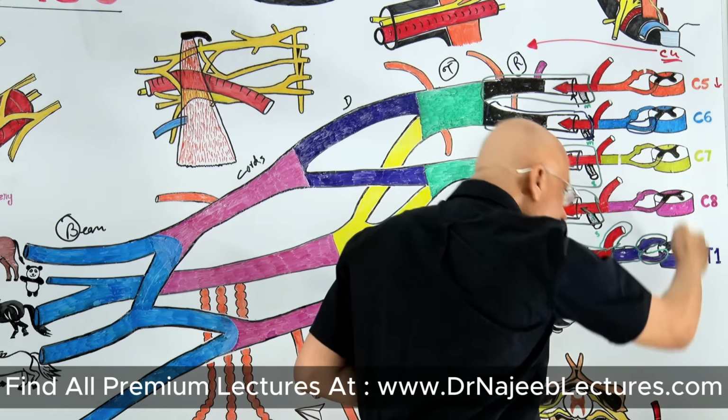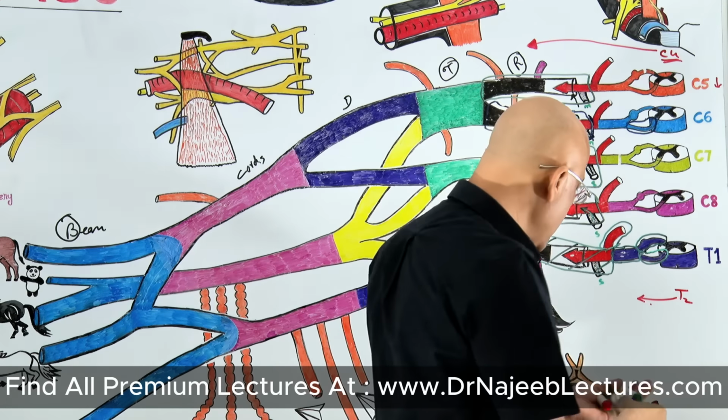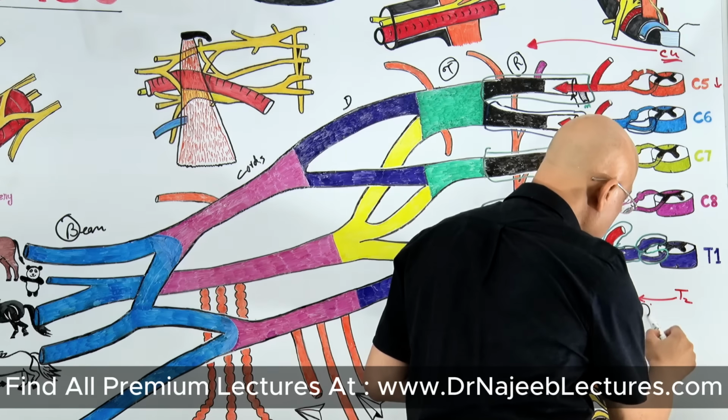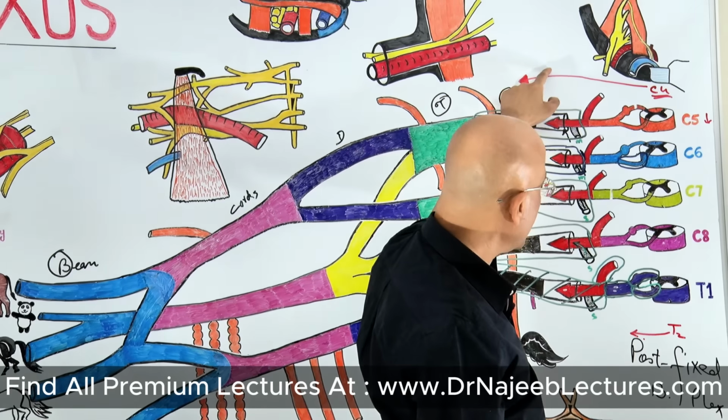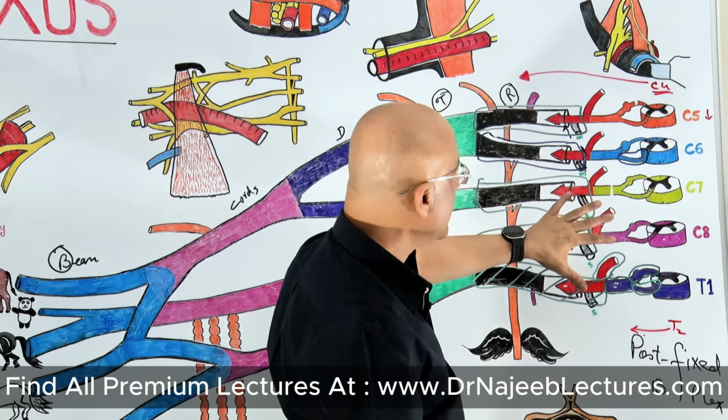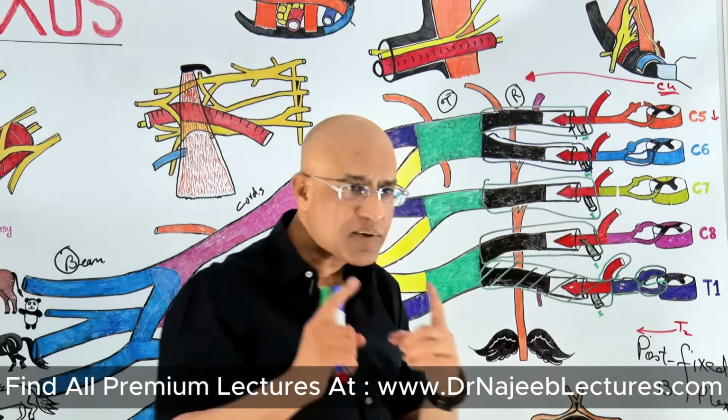That is called post-fixed brachial plexus. Okay, I will not write it out. Here above, it will be prefixed brachial plexus.